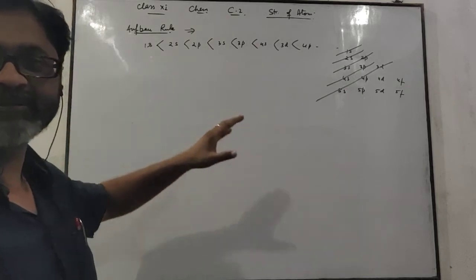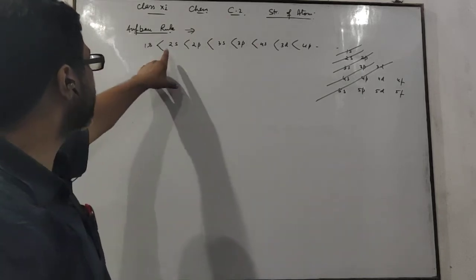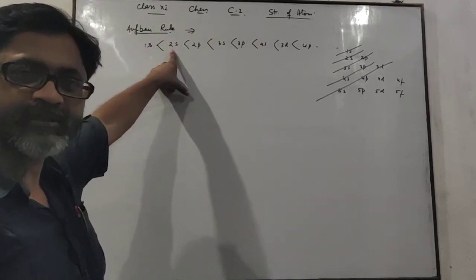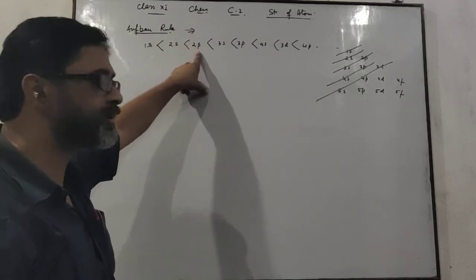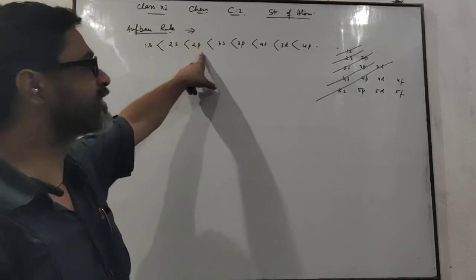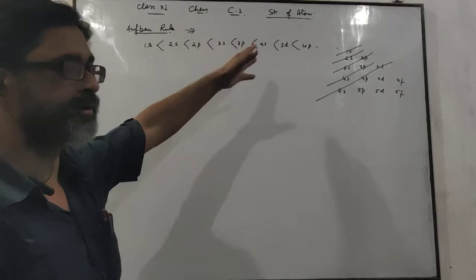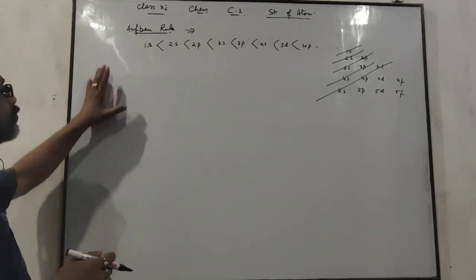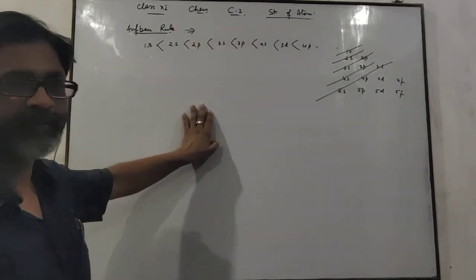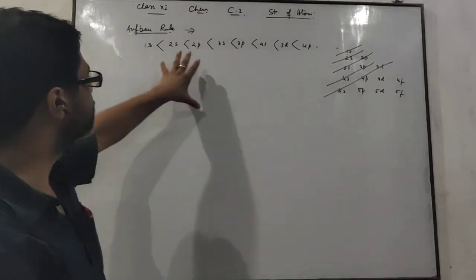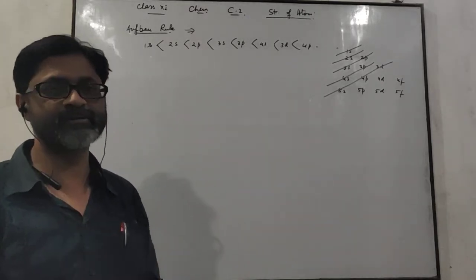This means 1s has less energy than 2s, 2s has less energy than 2p, 2p has less energy than 3s, and so on. You can write the electronic configuration of various elements, which I had already discussed in my previous lecture.